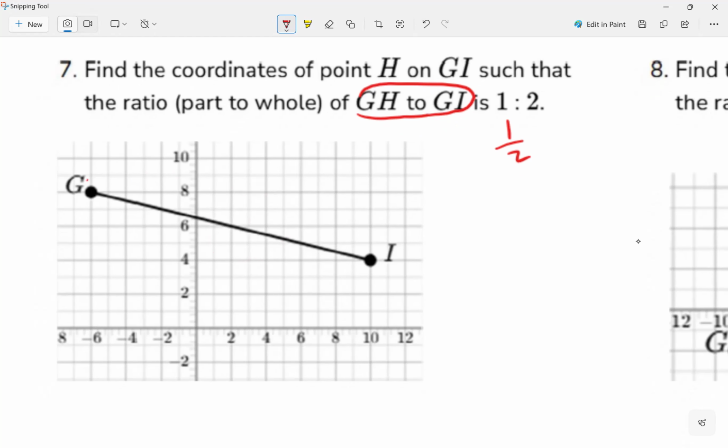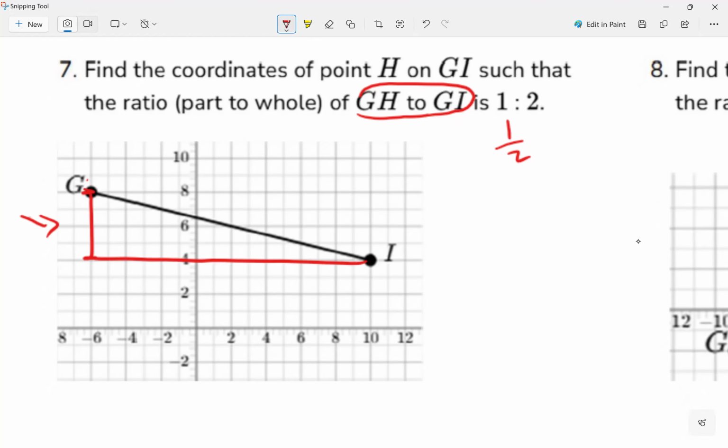So let's imagine if I was going to go this way, because I'm going to travel from G to I, I'm going to break the whole distance because I'm going to create a triangle here. So I'm going to do this side.